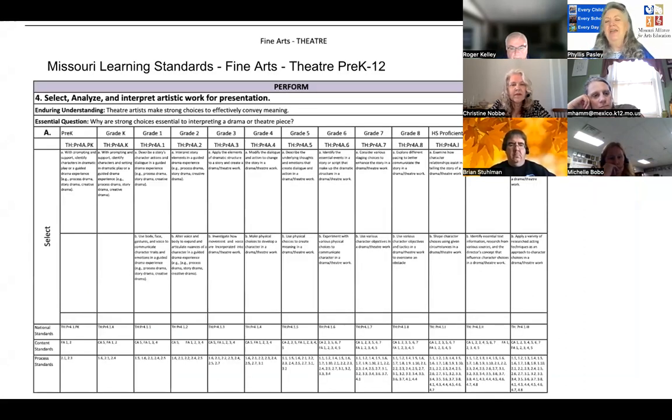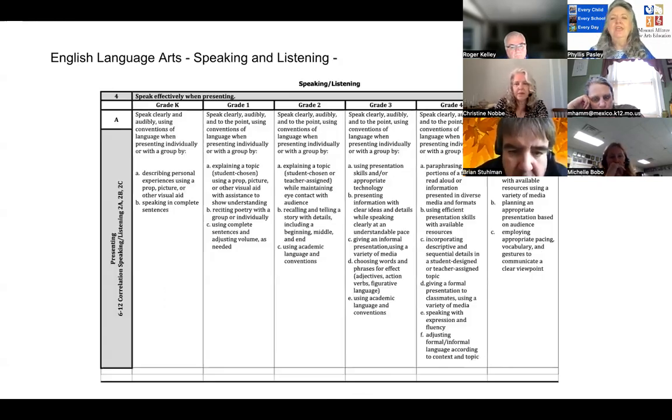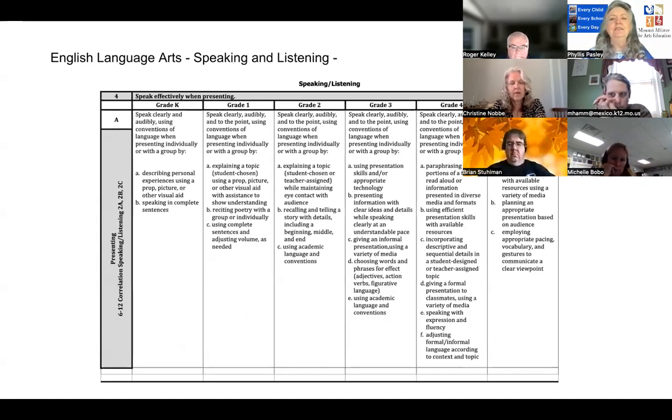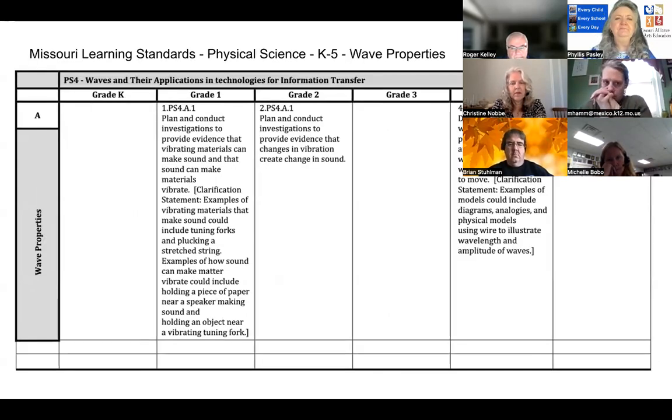I did add a screenshot here from the Fine Art Standards for Theater. The way they're structured, it shows pre-K on the left all the way through high school on the right. And that making strong choices to convey meaning is definitely happening. In English language arts, there are correlations between the speaking and the listening curriculum. And of course, in the Moon and Stars example, between the physical science and the universe of the stars.